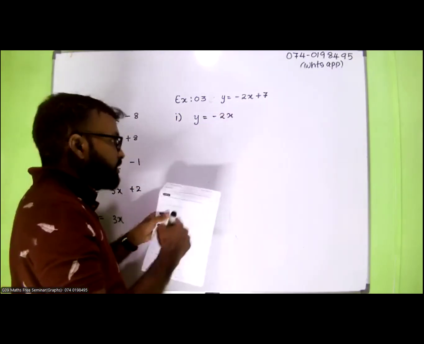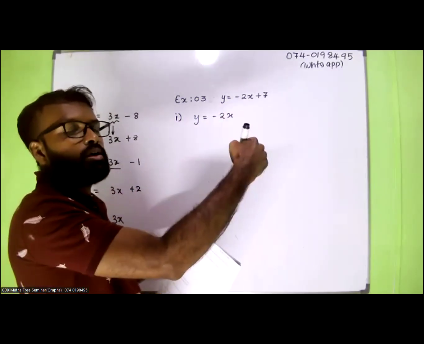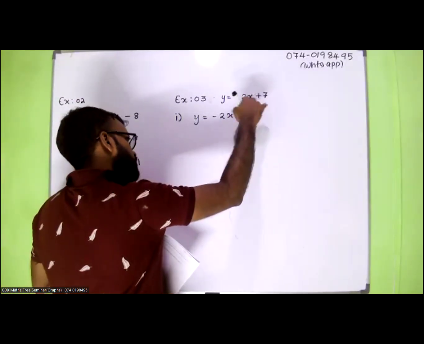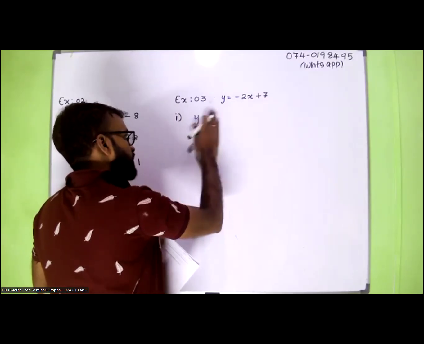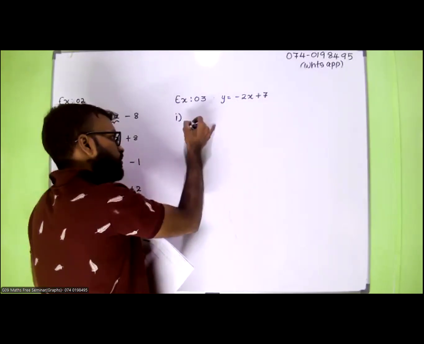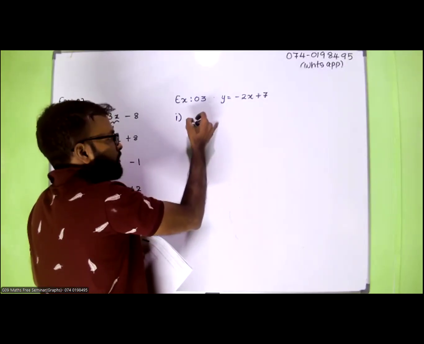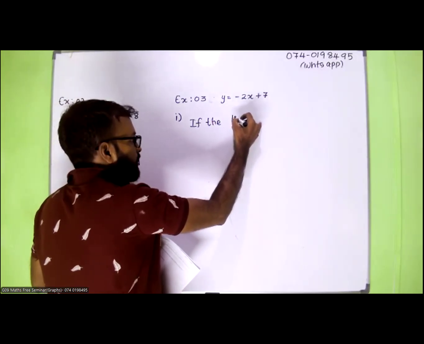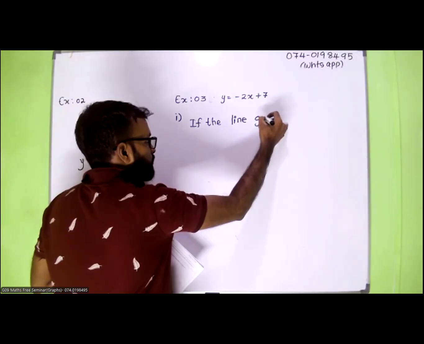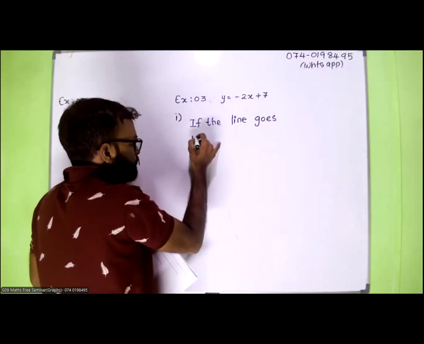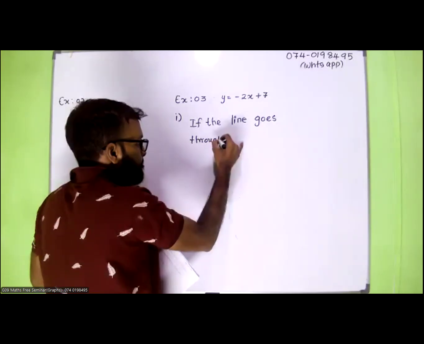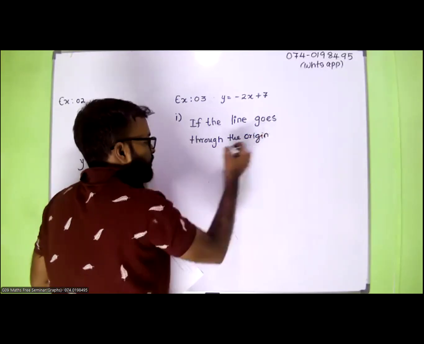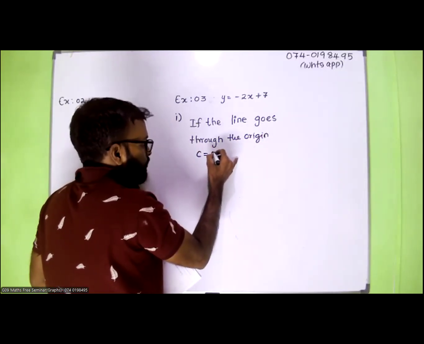In the first one, this line goes through the origin. So if this line goes through the origin, c becomes 0. So for your understanding, keep this in your mind: if the line goes through the origin, then c becomes 0. c equals 0.